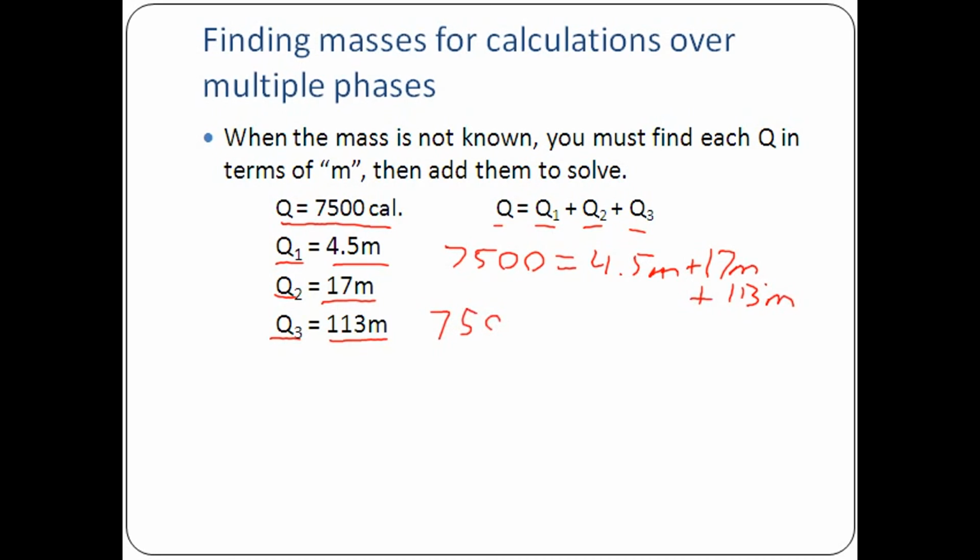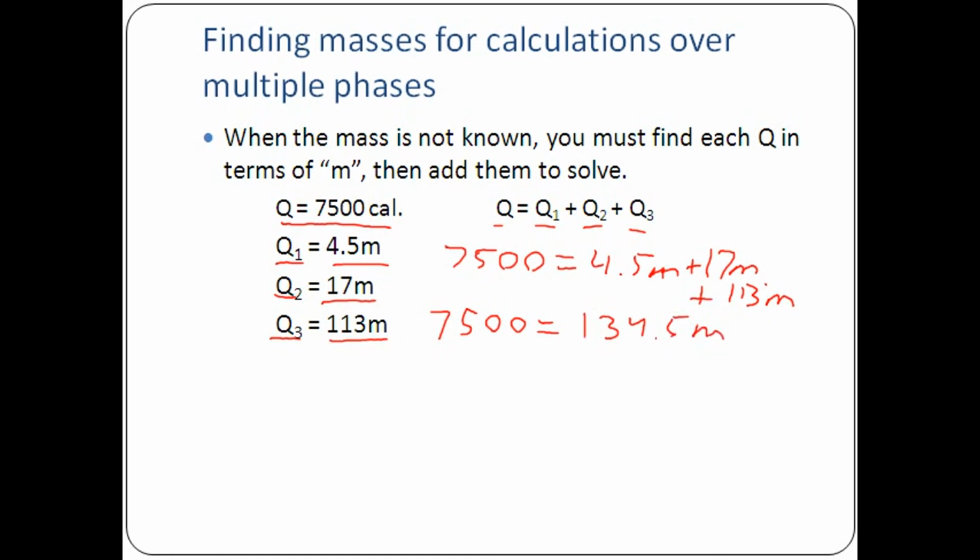So we get that 7,500 is equal to 4.5 plus 17 plus 113. Working that out, we get 134.5.